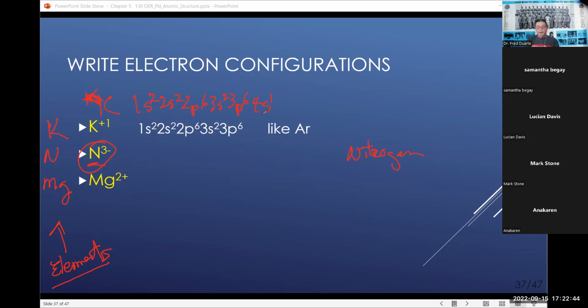That is the valence electron in group 1. It's going to lose it, and now the new valence shell is in the 3rd energy level, and it has 8 electrons. It has the same number of electrons as argon when potassium becomes potassium ion.